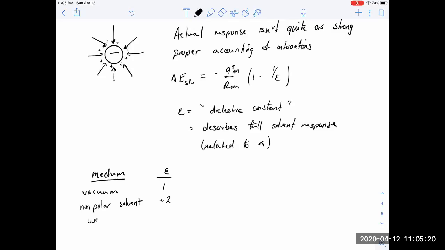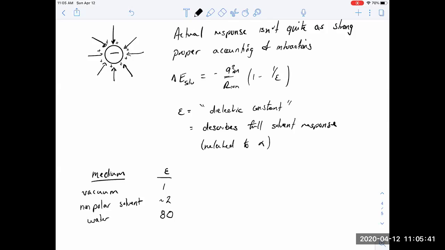For something like water, very polarizable, that dielectric constant is huge. It's 80. 1 minus 1 over 80 is very close to 1. Water polarizes significantly in response to fields generated due to ions.